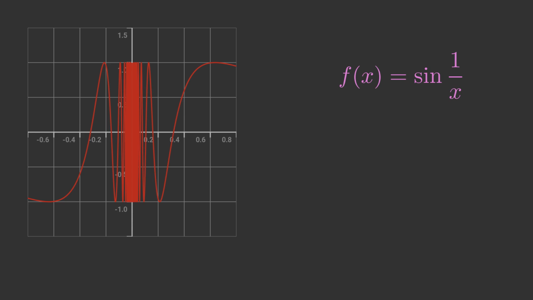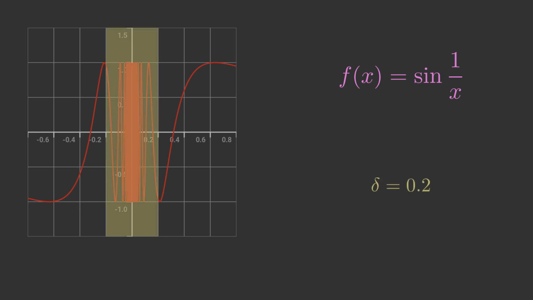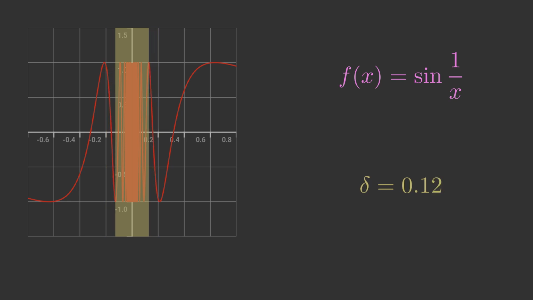approaches 0? Well, consider the region between minus delta and plus delta for some small positive value of delta. That region contains infinitely many oscillations, so within that region the value of the function will take every value between +1 and -1, and that will be true no matter how small we make delta. The condition for limit L to exist at 0 is that f of x must be close to L when x is close to 0.